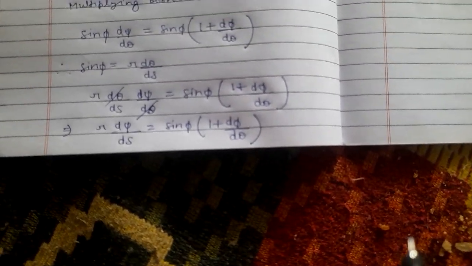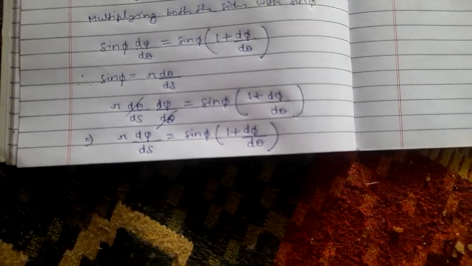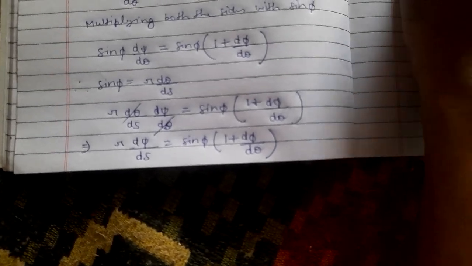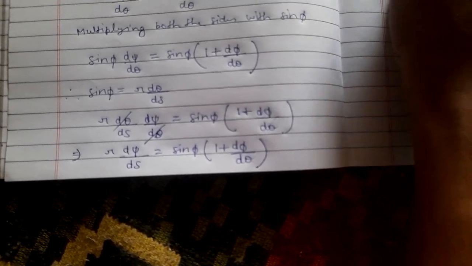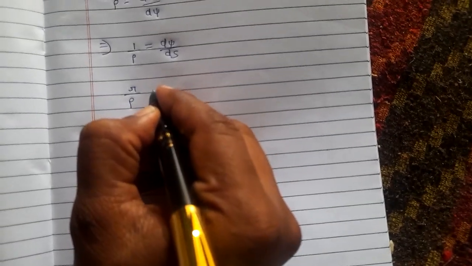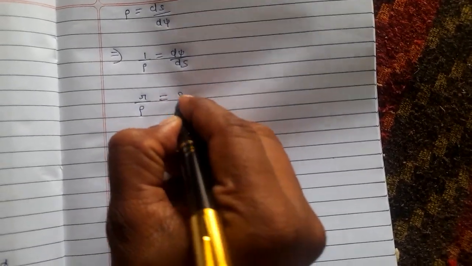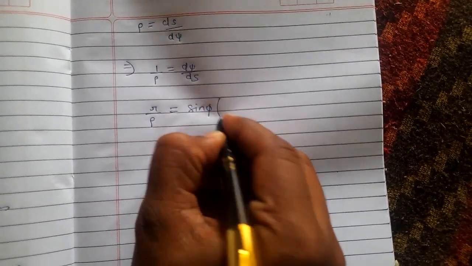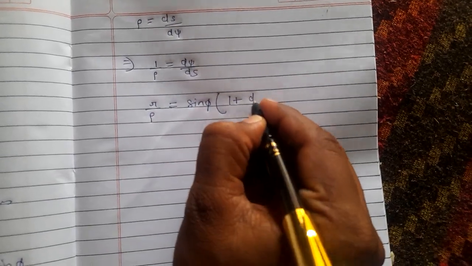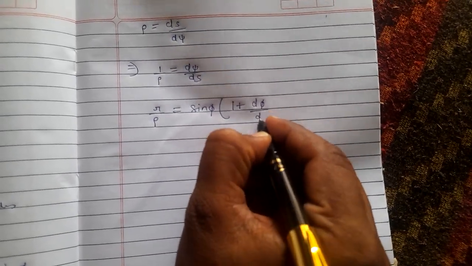So in place of d psi upon ds, we put 1 upon rho. Then this becomes r upon rho is equal to sin phi into 1 plus d phi upon d theta.